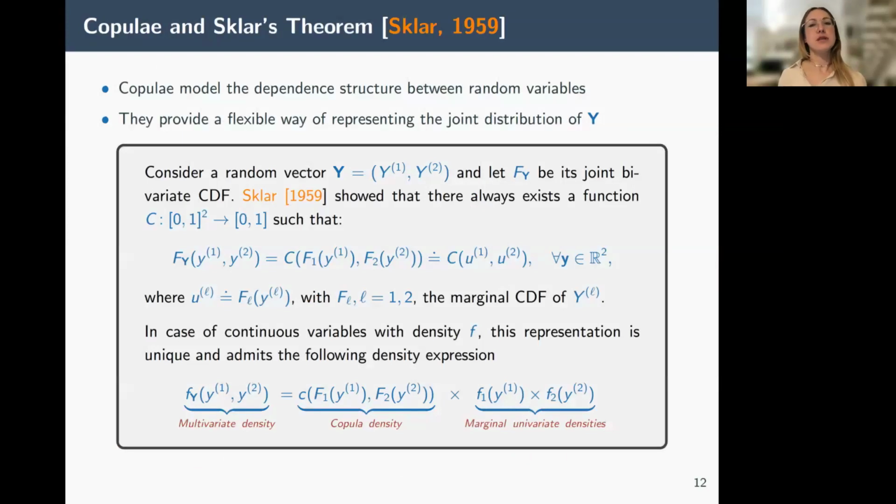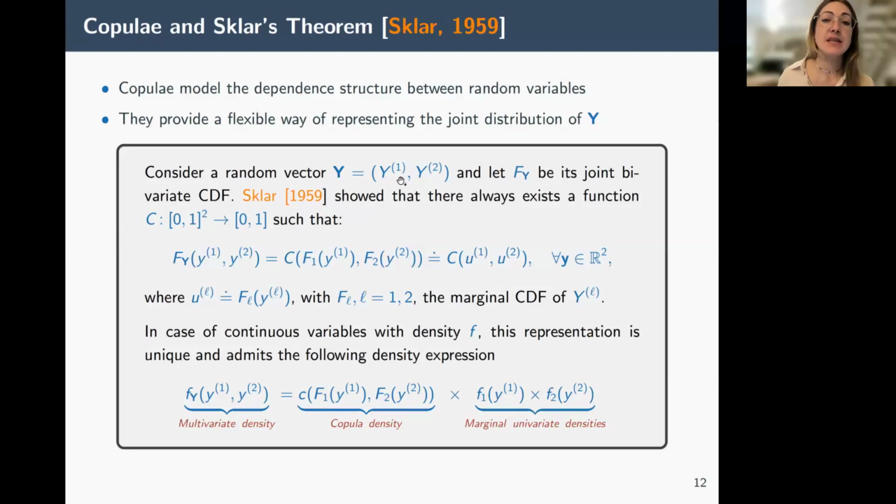So let me introduce some formality of what a copula is. It has very old origins. The main result, a representation theorem due to Sklar in 1959, states that if we have a random vector, independently of the number of dimensions, here I'm taking 2 dimensions for simplicity and because it's the setting we are working on, and we have its CDF represented by this F_Y, then Sklar showed that there always exists a function, which we call C, our copula.